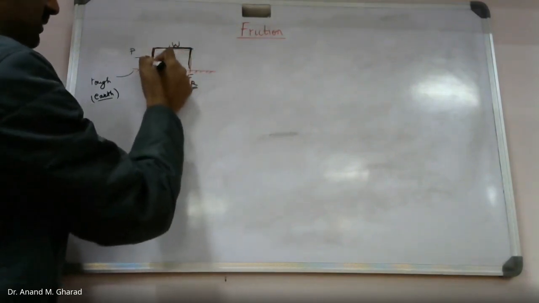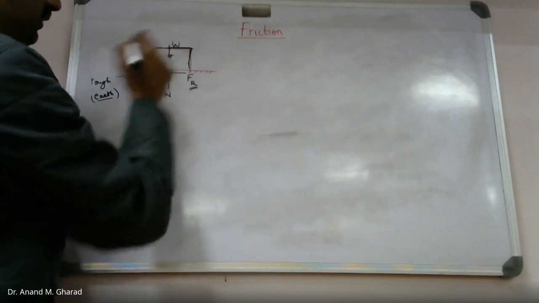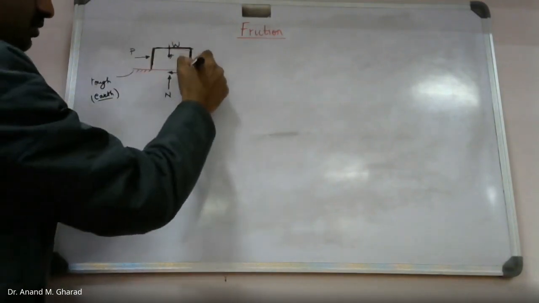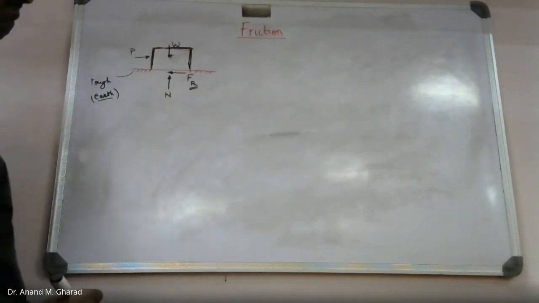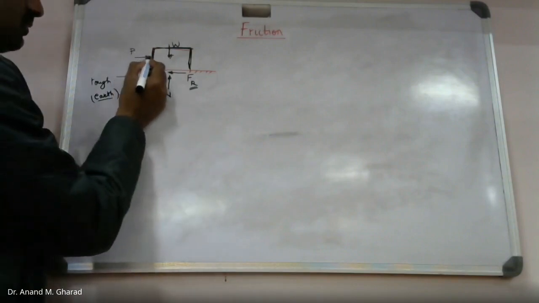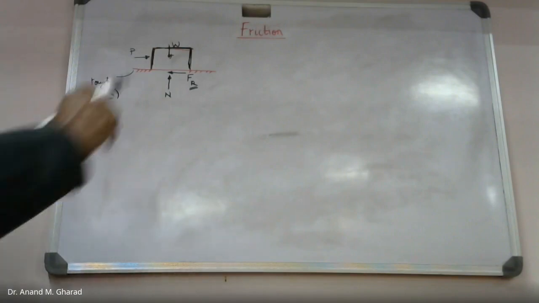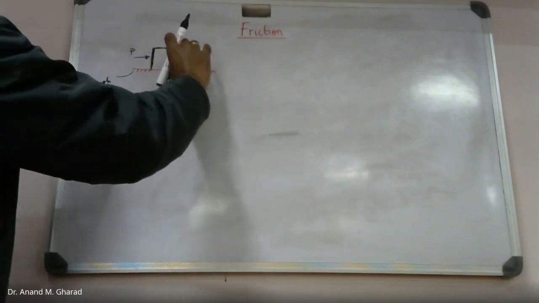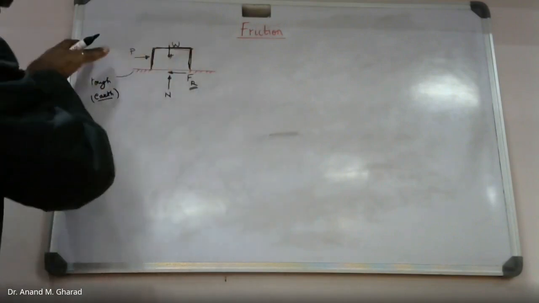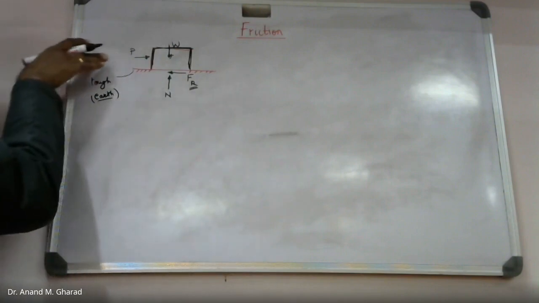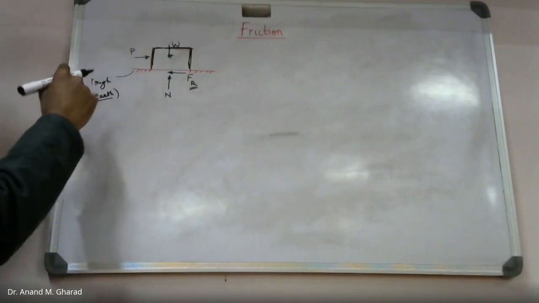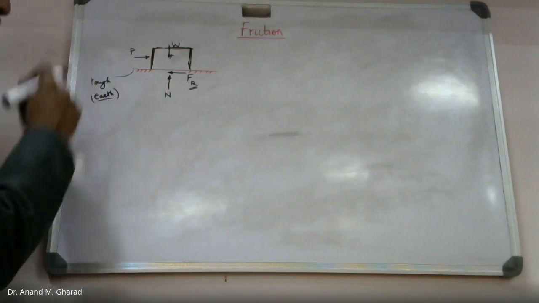So let's say this is a rigid body. It has some weight associated with it. It is placed on some rough surface. It is given a certain amount of pull in such a way that the motion does not start. Motion of this body in the direction in which the force is applied has not started. It is yet to start.